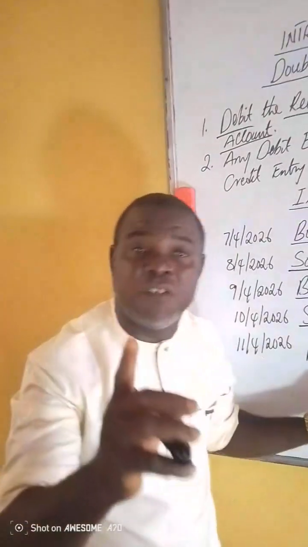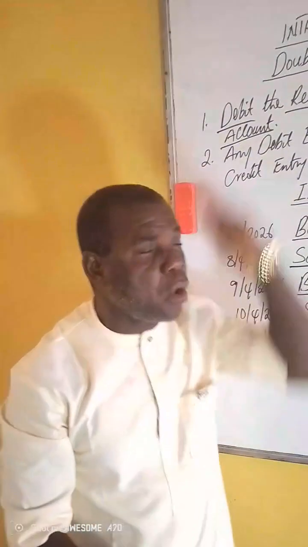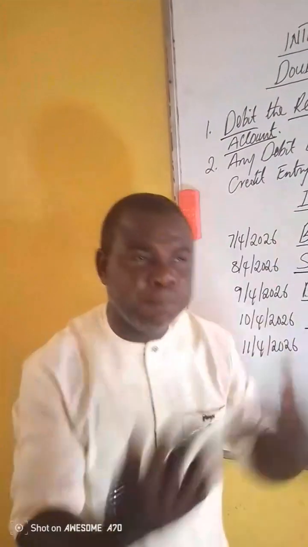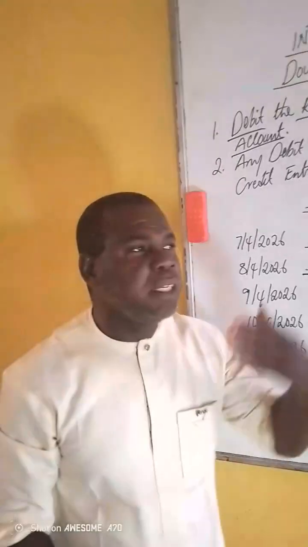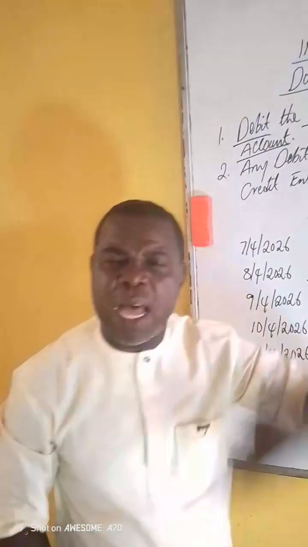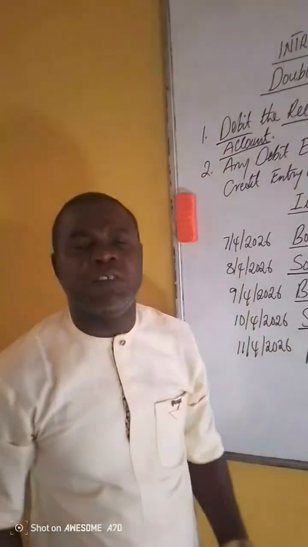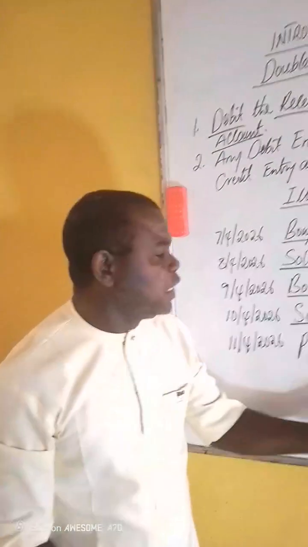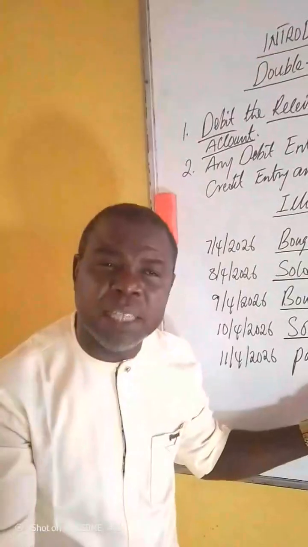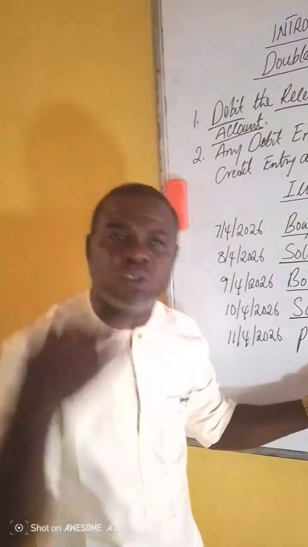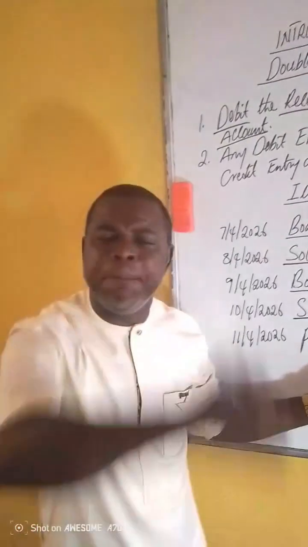receiver. I want to clarify here with emphasis that all services received by the business should be debited because the business gives out cash or a bank transfer to be able to receive services. What are the services? Services such as wages, salaries, insurance, electricity, printing, transport, and many others.